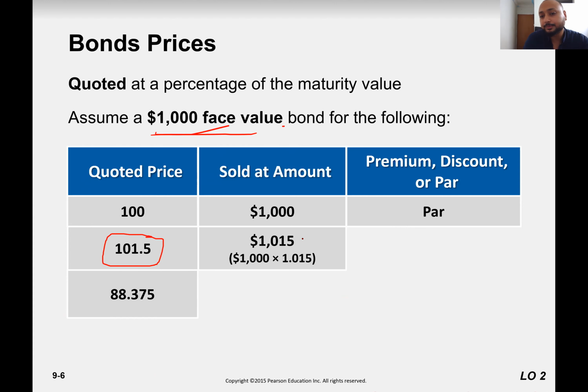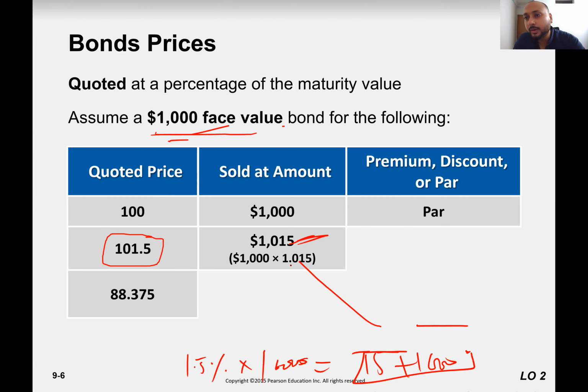So where is this extra $15 coming from? 1.5% multiplied by 1,000, the answer is 15. Its face value is 1,000, you add 15 here, the answer is going to be 1,015, right? So the current market price is above its face value or above its par value.